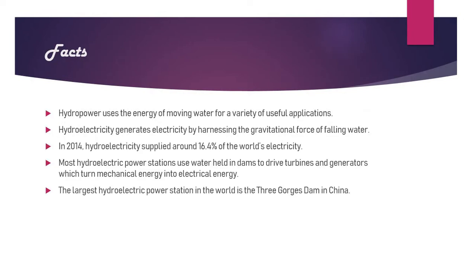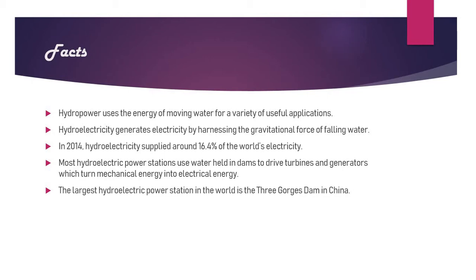Let's know about the facts of hydroenergy. Hydropower uses the energy of moving water for a variety of useful applications. Hydroelectricity generates electricity by harnessing the gravitational force of falling water from the reservoir. In 2014, hydroelectricity supplied around 16.4% of the world's electricity.